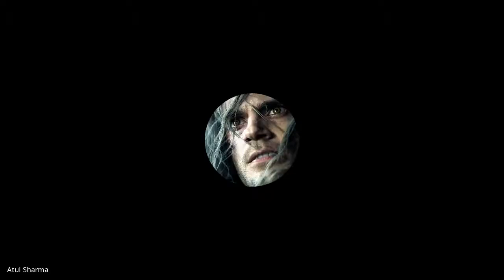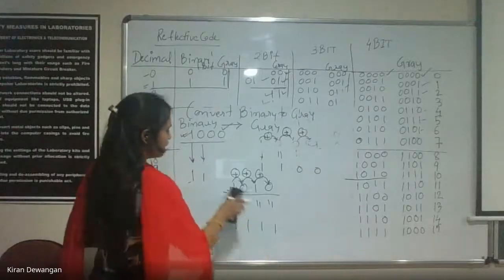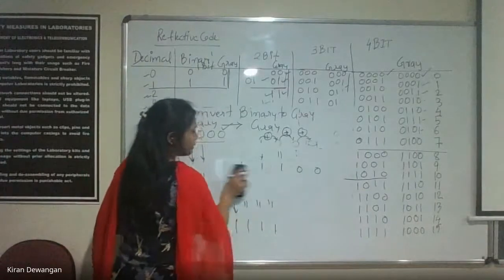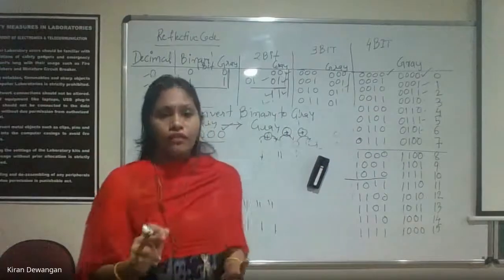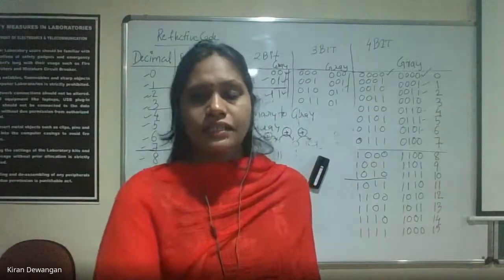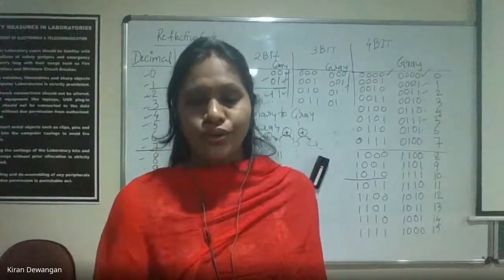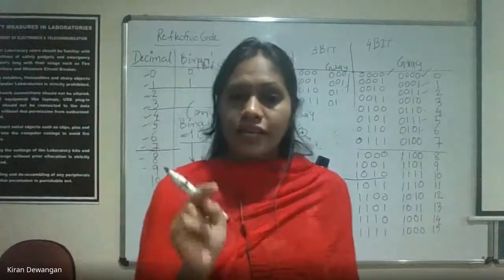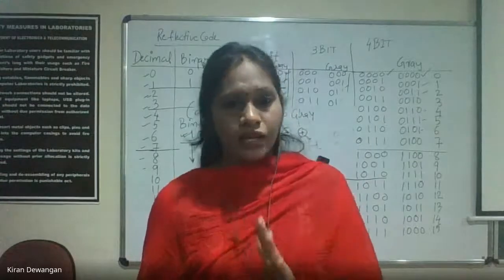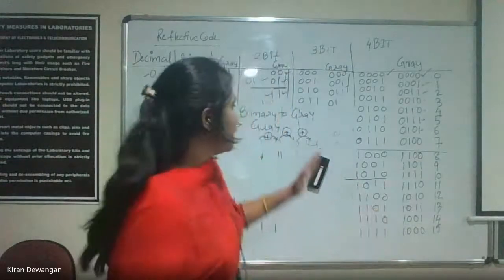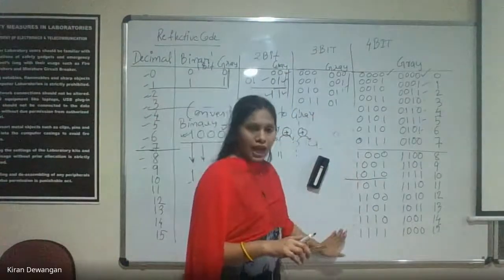Ma'am, why are we converting using XOR? We are converting using XOR because that is the only possible way that we have got. You will see. I'll just share my screen and show you that the design comes from XOR. When we design a binary to gray code converter, we take 4-bit binary as an input.